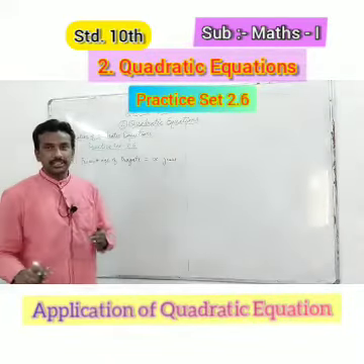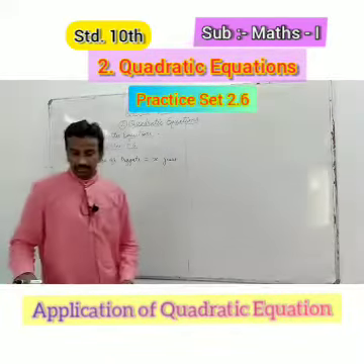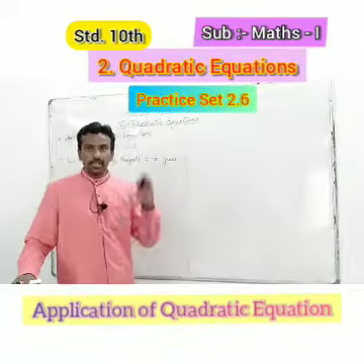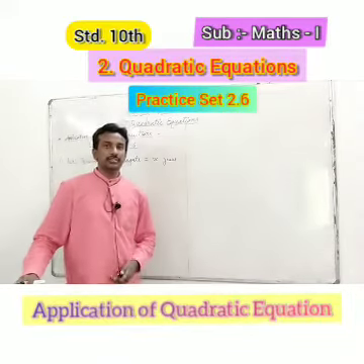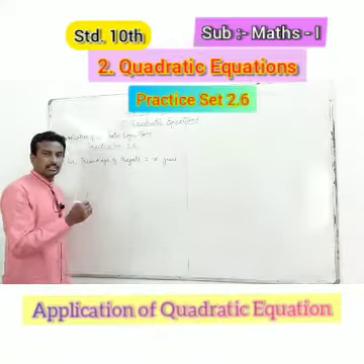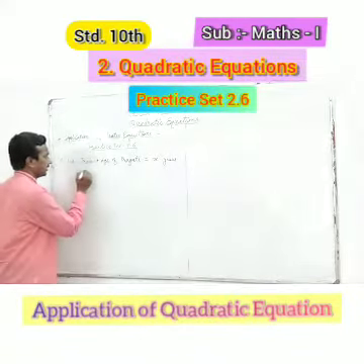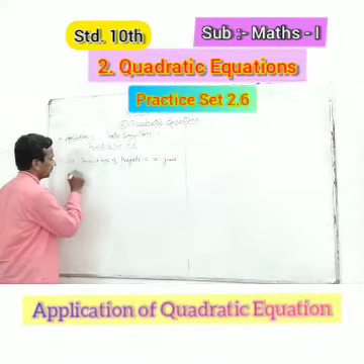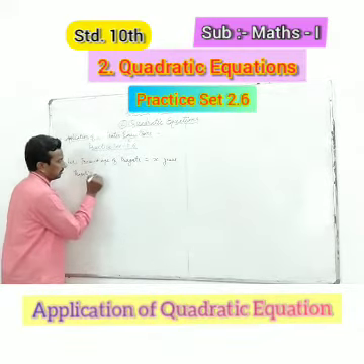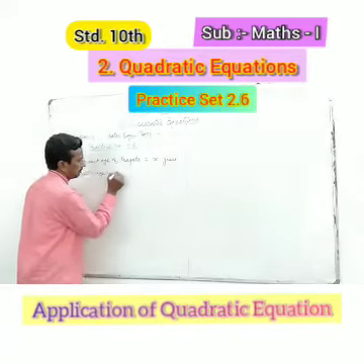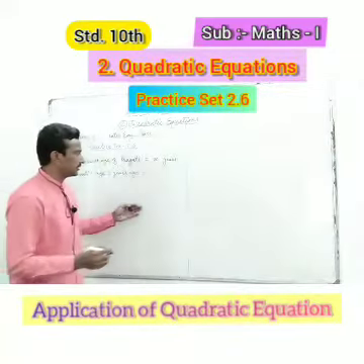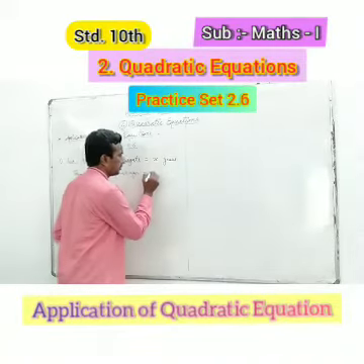Now which are the conditions given in the problem? First condition is Pragati's age 2 years ago, means before 2 years, what was the age of Pragati?